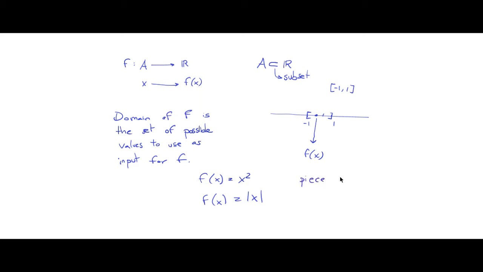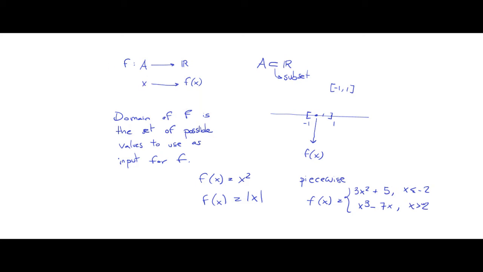So for instance, in this function we can say this is 3x squared plus 5 whenever x is smaller or equal than -2, and then it's x cubed minus 7x whenever x is greater than -2.